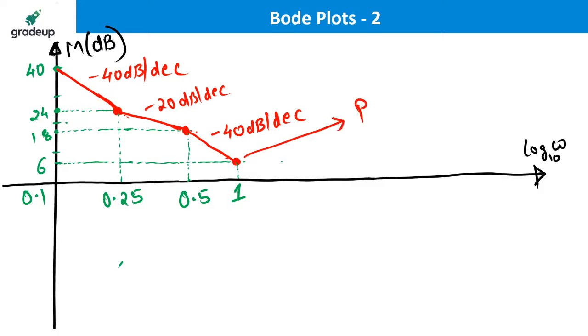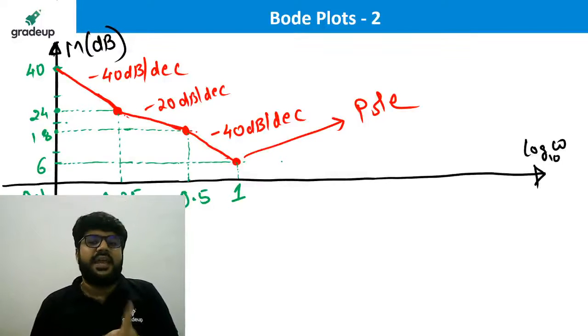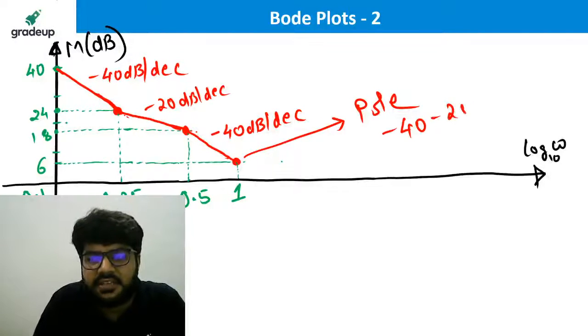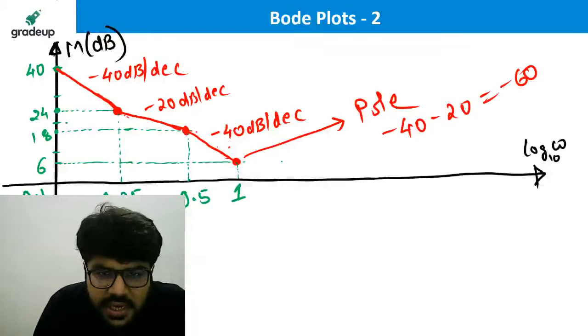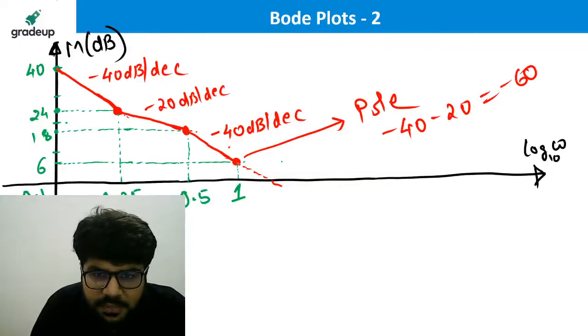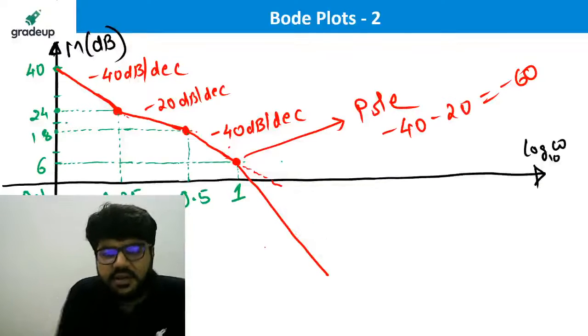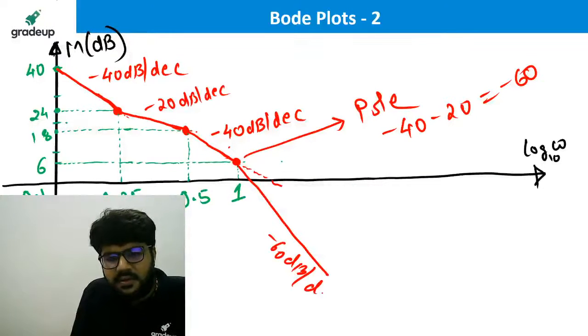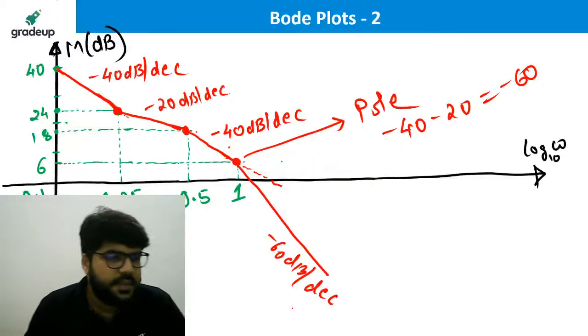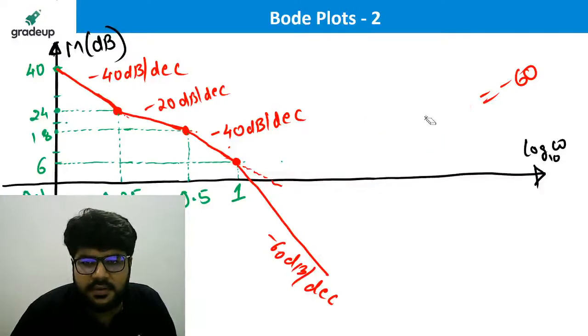And guys, once again comes a pole. Because this is a pole, the slope will again change by minus 20. So minus 40 minus 20, the new slope will be minus 60. Without the corner frequency this was the normal shape, but now I will bend it downwards, and this line will have a slope of minus 60 decibel per decade.